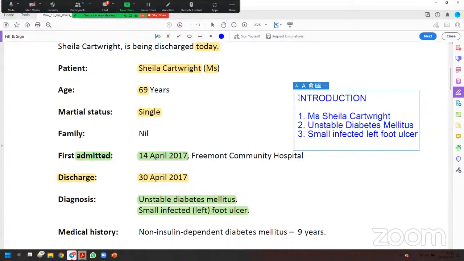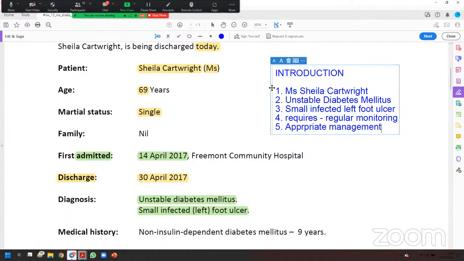Now number 4, purpose. What is the purpose? She requires regular monitoring, and the fifth one is appropriate management. So these are the things which you can write: Miss Sheila Cartwright, unstable diabetes mellitus, small infected left foot ulcer, requires regular monitoring, appropriate management.